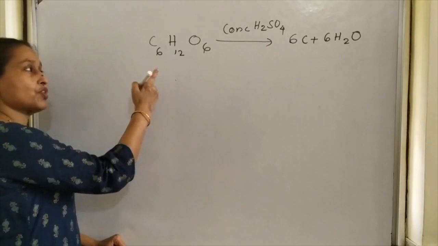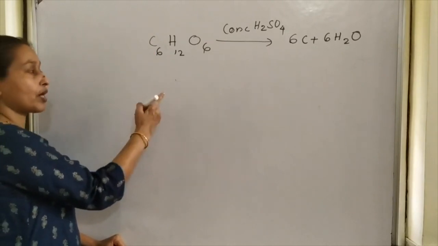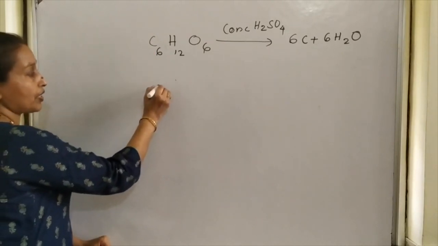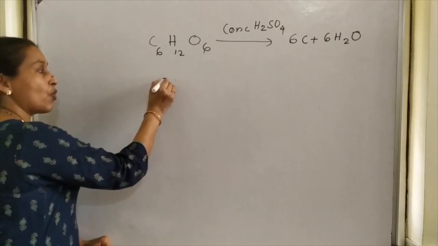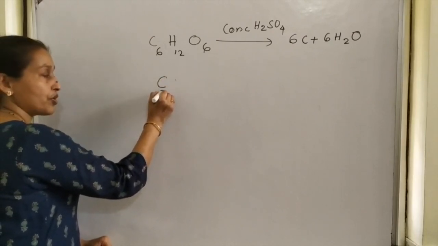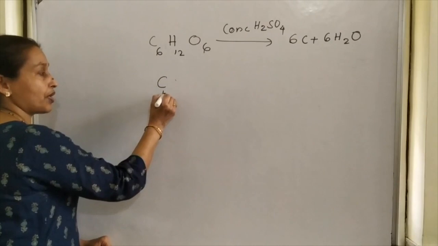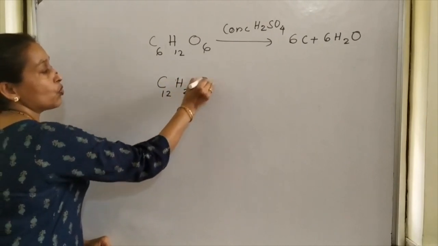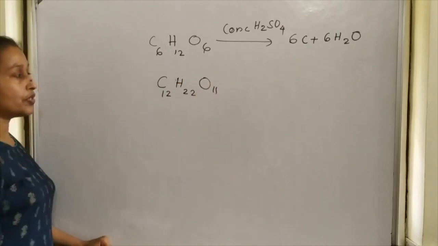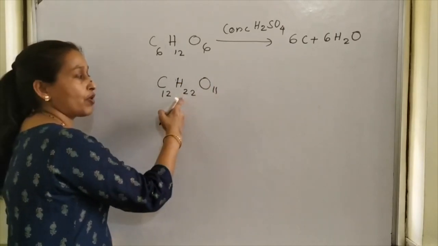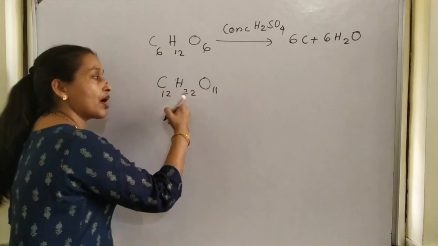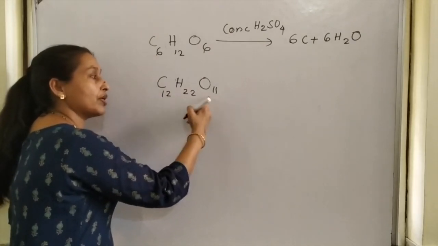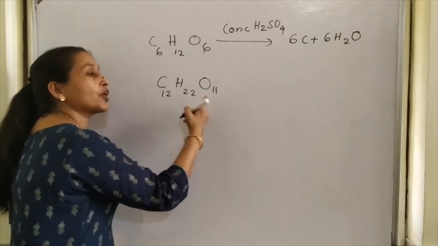Okay, another substance which contains chemically combined water molecules I am writing here, that is ordinary sugar, that means table sugar. The formula is C12H22O11. There are 11 molecules of water. This hydrogen and oxygen are in the ratio 2:1. That means it is water only.